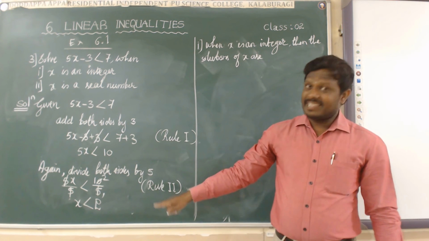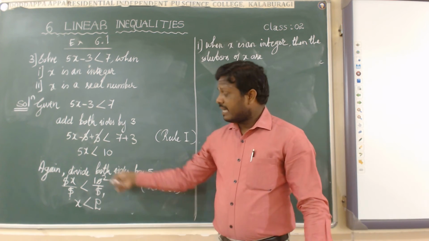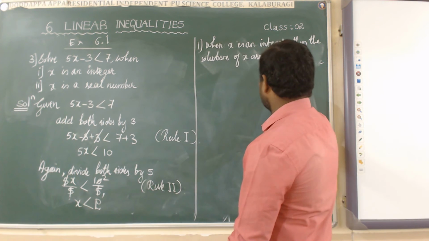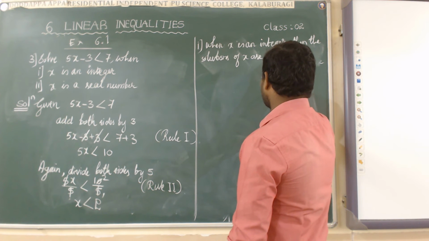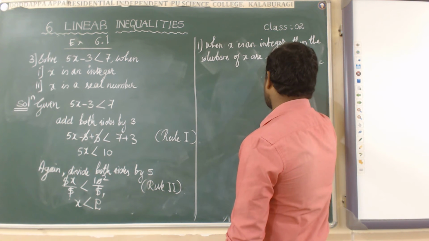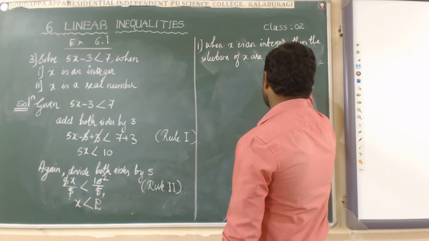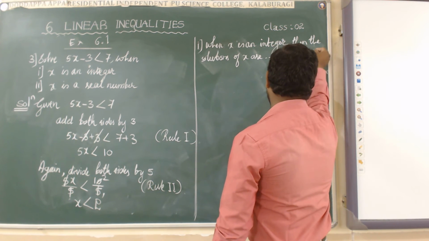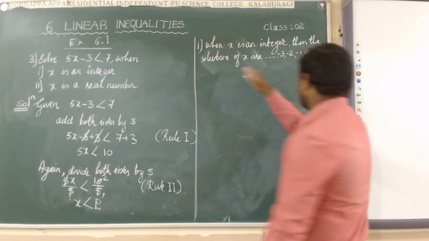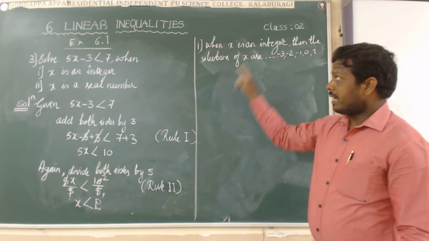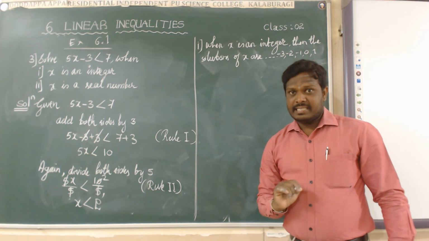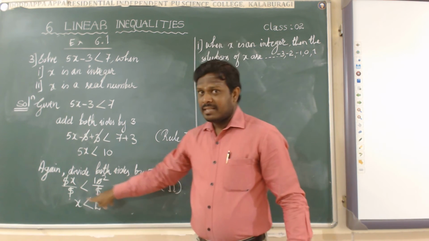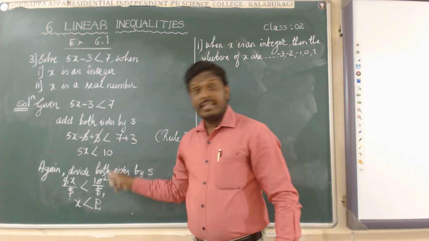The values of x in the integer set we can write: so on, minus 3, minus 2, minus 1, 0 and 1. These are the solutions of x when x is an integer. The value of x is coming less than 2.